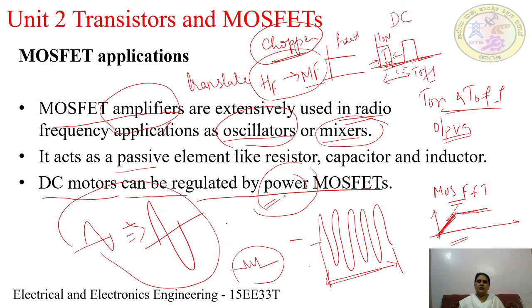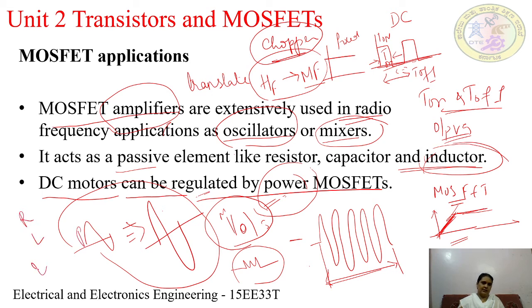So I can use the junction capacitance or the metal, SiO2 and semiconductor as the capacitor. In the PCB design or the construction of the IC, the material used behaves like an inductor. So I can use a MOSFET to work like a passive element, just like R, L and C.